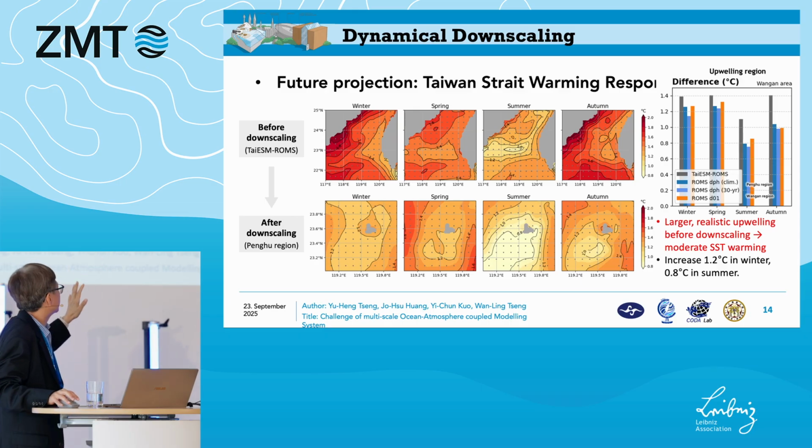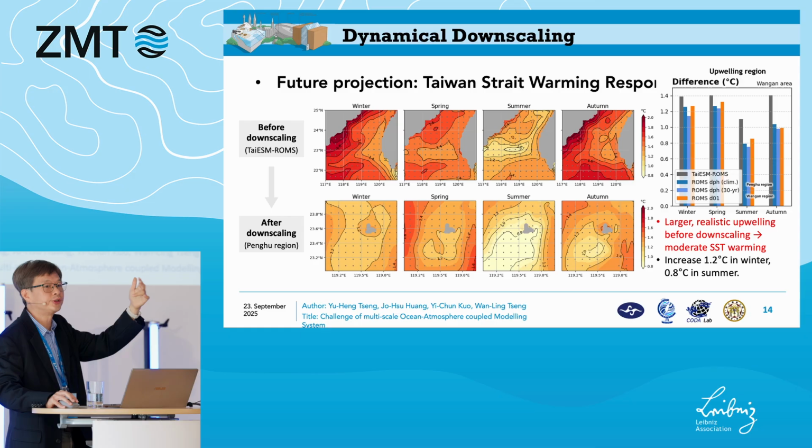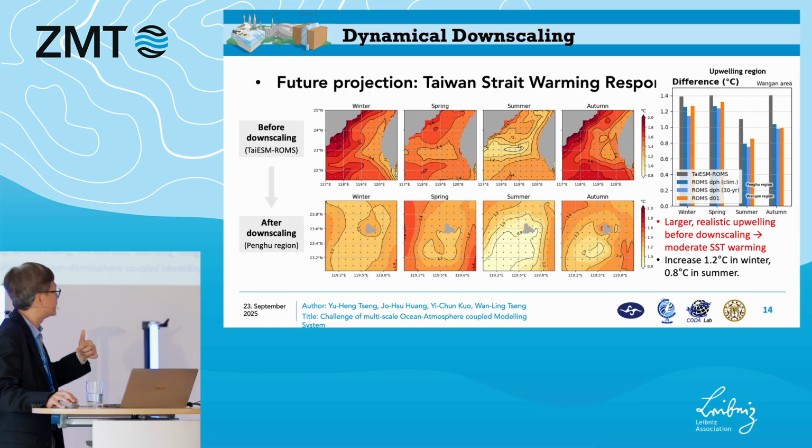The main reason is when we include the higher resolution topography here, for example, the temperature increase, comparing the future minus current difference, is around 1.2 degrees C in winter and 0.8 degrees in summer.